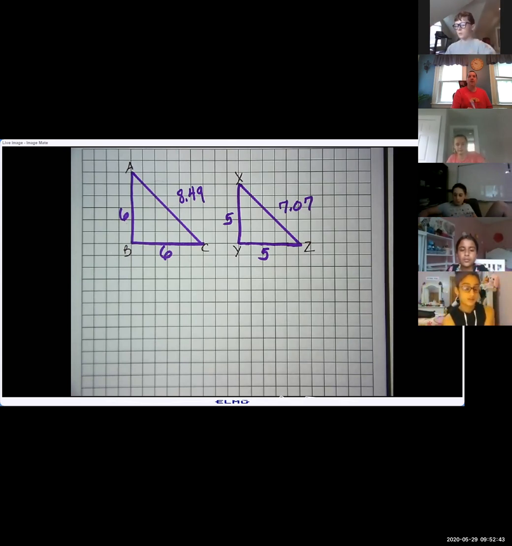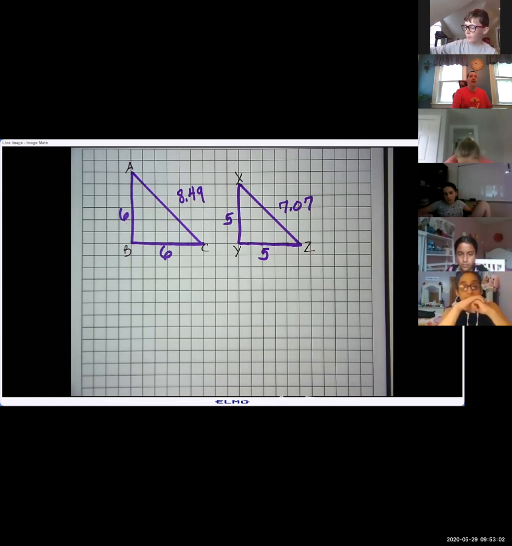How can we find out if those two polygons, those two triangles, are mathematically similar? Nick M? I know what to do, I don't know how to word it.